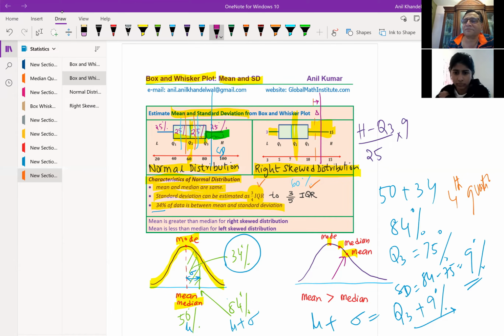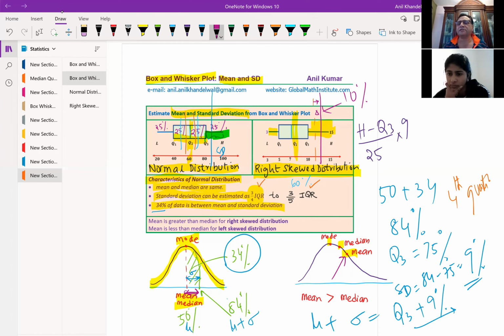Even when we assume that the amount of information between the mean and the standard deviation is 34%, since the mean has shifted right, my standard deviation will accordingly shift slightly more right. So instead of going 9% above, I'm now going 10% above to check my standard deviation. Do you understand the logic I'm trying to follow here?